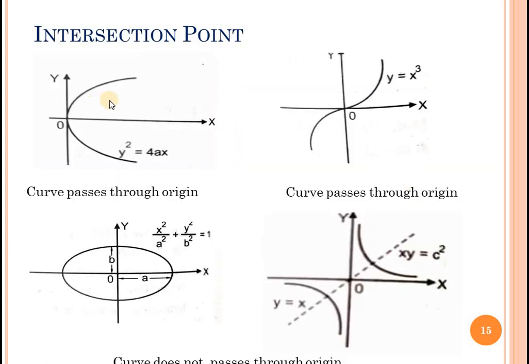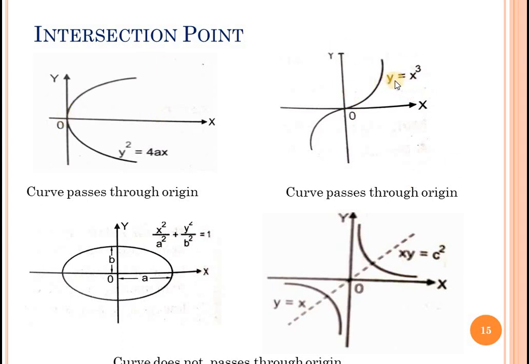So here, this curve passes through the origin. Also, when I put x is 0, I get y is 0. So the curve intersects the y-axis at the origin. When I put y is 0, I get x is 0. The curve intersects the x-axis also at the origin.